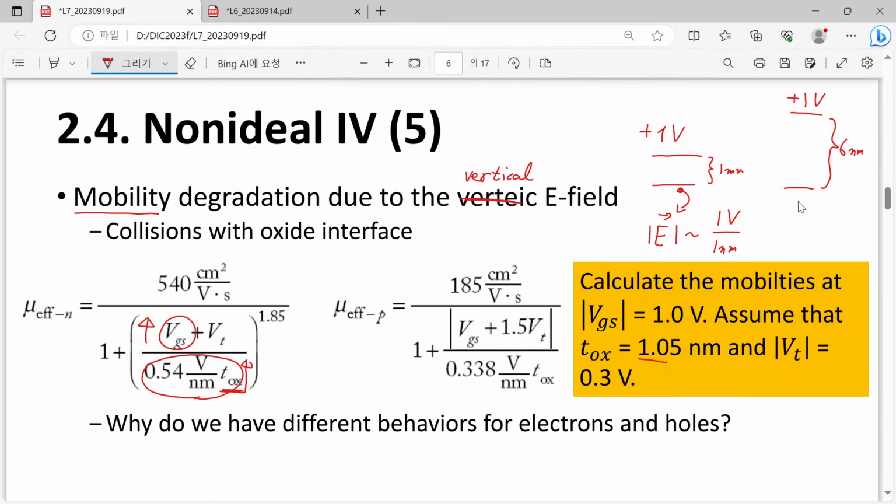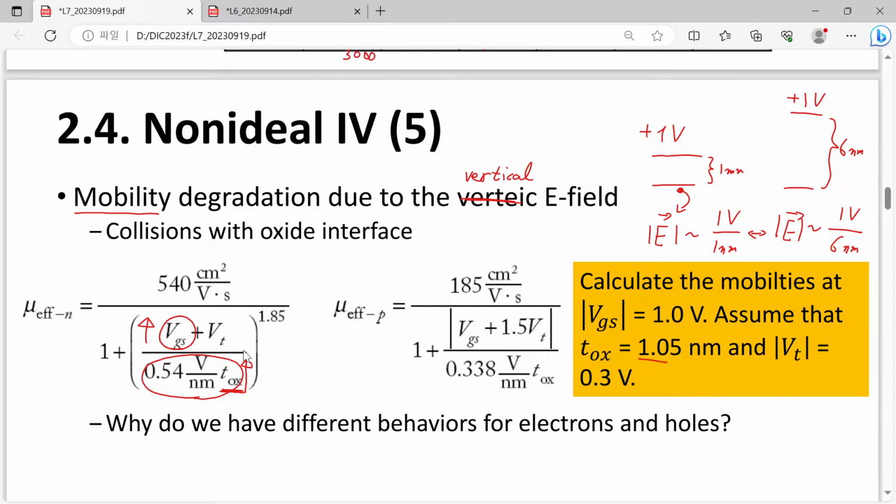And in the case of this one, what will be the rough estimation for your electric field increase? In this case, 1 volt divided by 6 nanometer. Then how much is the difference of their magnitude? Roughly 6 times difference is obtained.